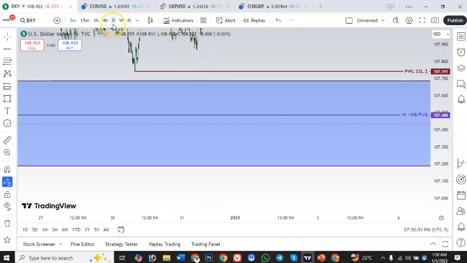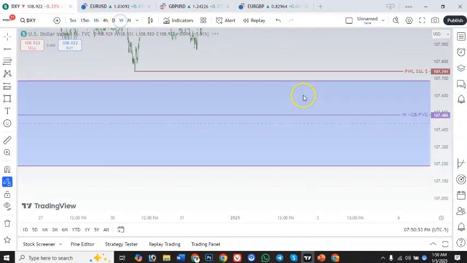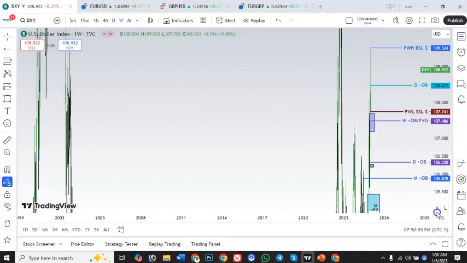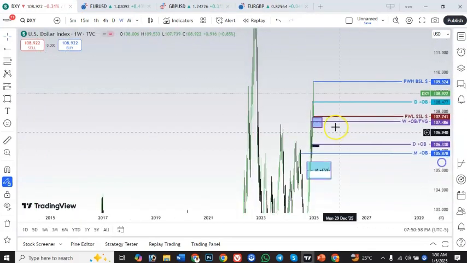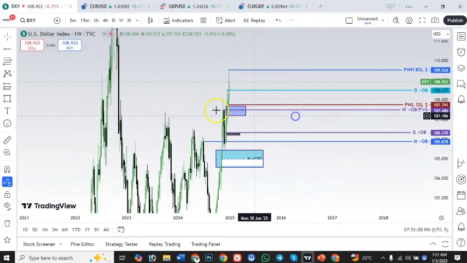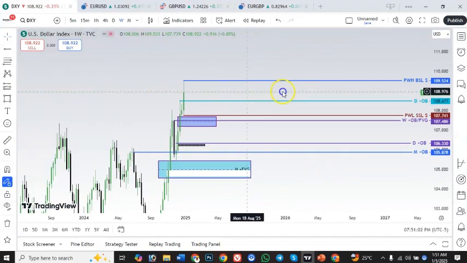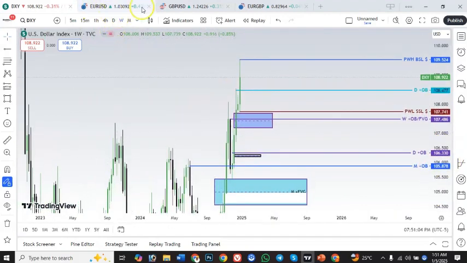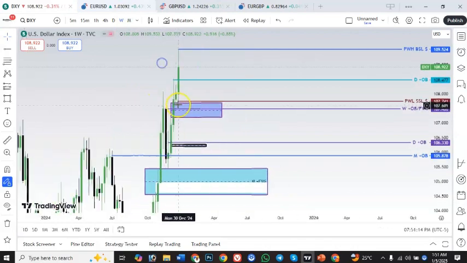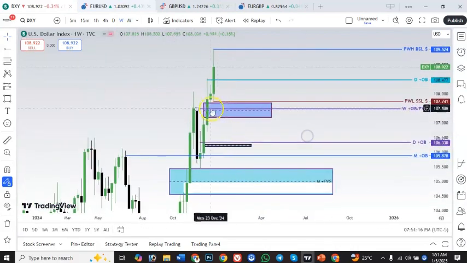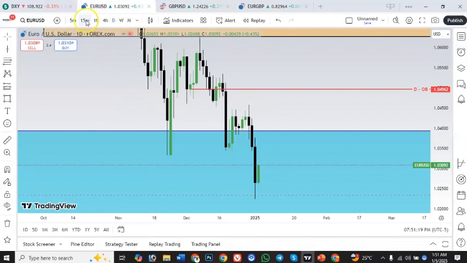Let's take it to a weekly chart on DXY, because I told you that whatever DXY is doing, we are following the opposite of it to trade the foreign currencies. When I say foreign currencies, I'm referring to EU or GU or any other currency that is not USD. They are all foreign currencies, right? So now anytime DXY is trading here, let's go to the EU weekly chart.